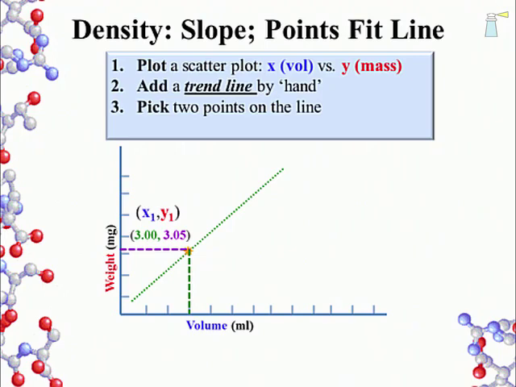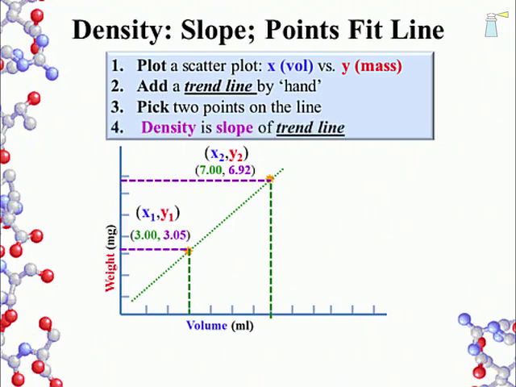We will refer to the 3.0 in this point as x1 and the 3.05 as y1. For the second point, let's say we start on the x-axis at 7. From there, it goes over to the y-axis at about 6.92. The second point is 7, 6.92. These are the values we will refer to as x2 and y2 respectively.